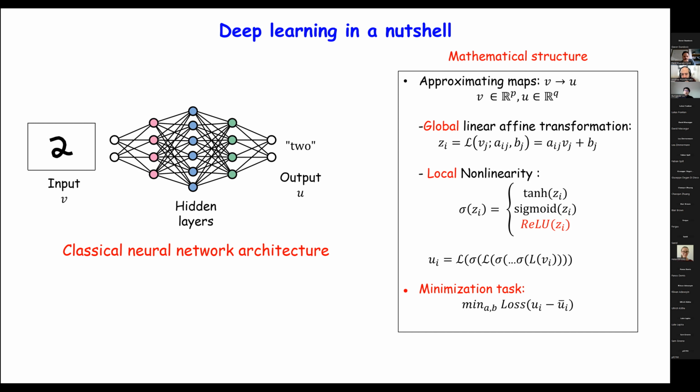This composition gives us the neural network approximations, and the so-called learning is a minimization task where we minimize the loss function, which measures the difference between the data, û_i, and the neural network prediction u_i, optimized against our parameterizations A and b. So this is a nice summary of how a classical neural network works.